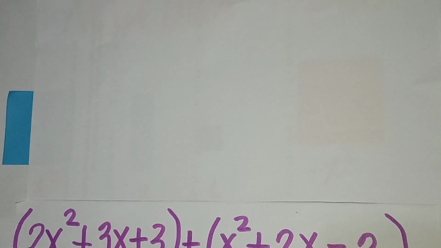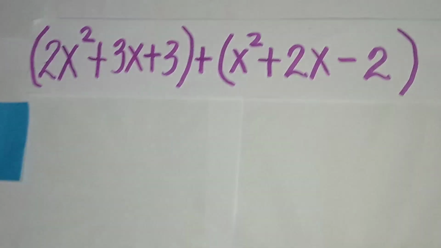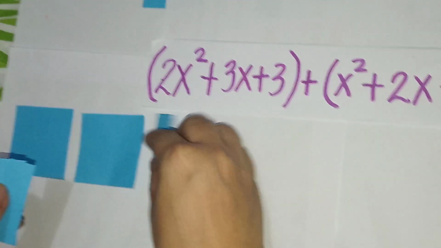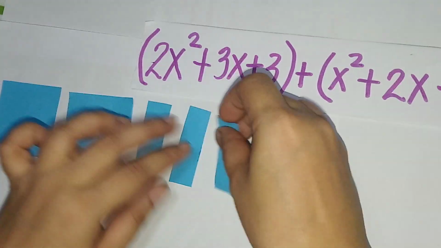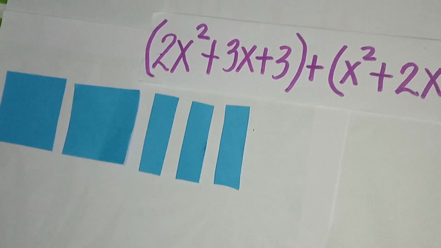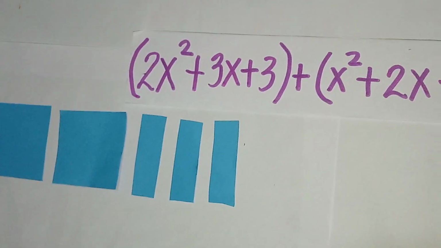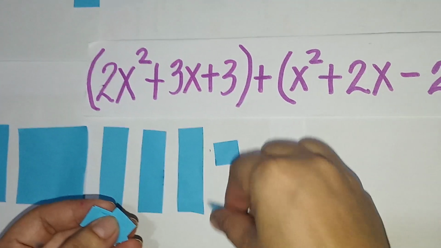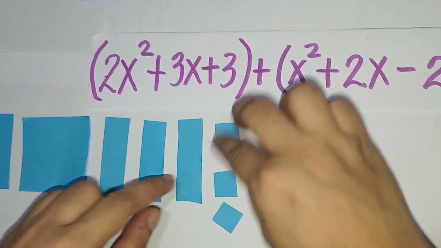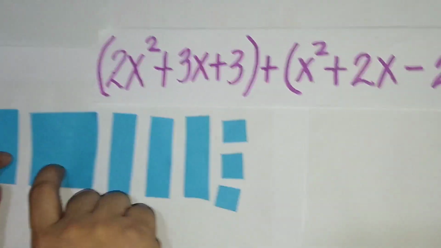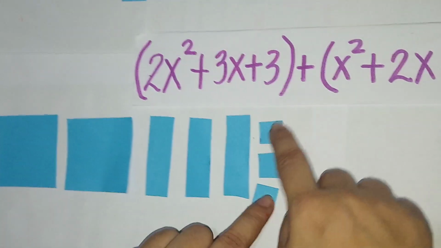So 2 pieces of 2 by 2, 3 pieces of 2 by 1, and then 3 pieces of blue 1 by 1. This is now your 2x squared plus 3x plus 3.